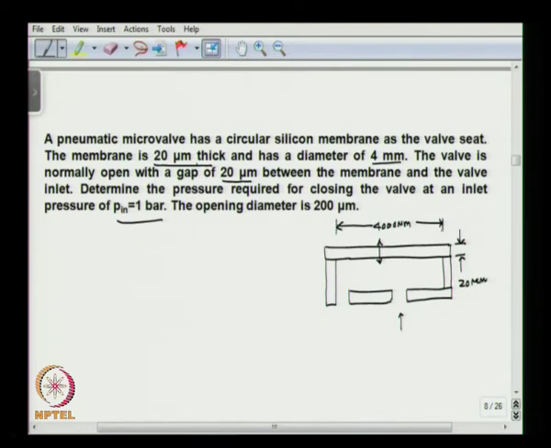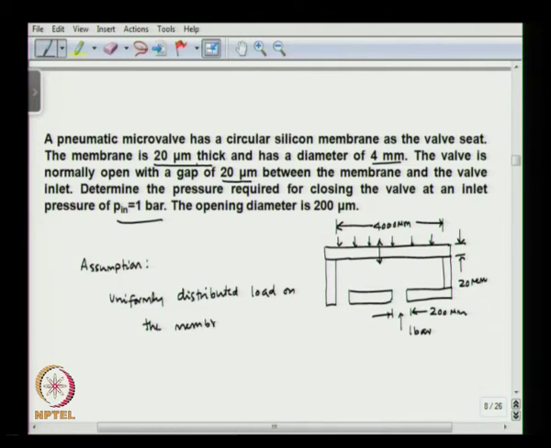And the supply pressure is 1 bar and this opening is 200 micron. Now, if we assume a distributed load on the membrane, let us say the external pressure applies a uniformly distributed load on the membrane. So, we make an assumption of uniformly distributed load on the membrane.